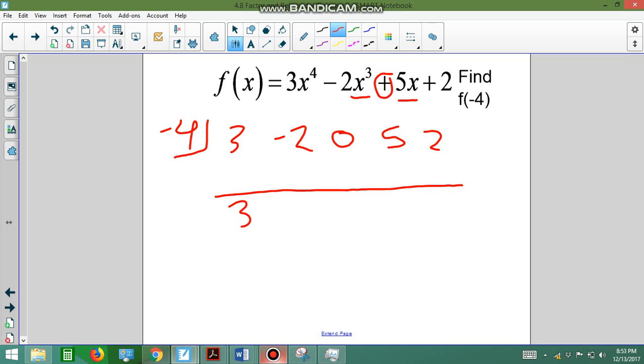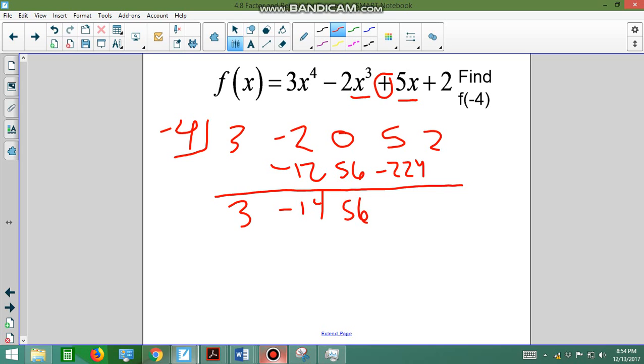So we bring down the 3. 3 times negative 4 is negative 12. Negative 12 plus negative 2 is negative 14. Negative 14 times negative 4 is 56. 56 plus 0 is 56. 56 times negative 4 is negative 224.